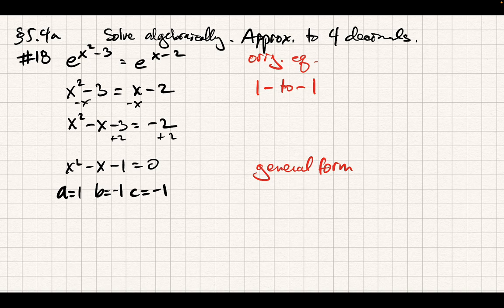Now that I have it in general form, I could go straight to the quadratic formula, and there's my a, b, and c. Or I could try to see if I can get a shortcut. The shortcut is factoring, and I don't see a way to factor this.